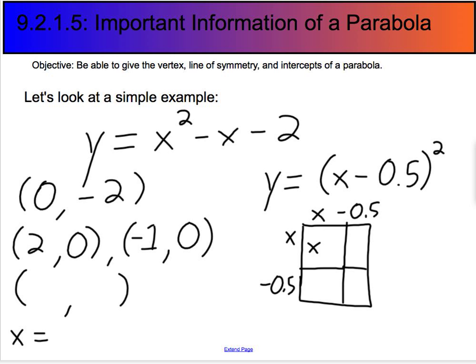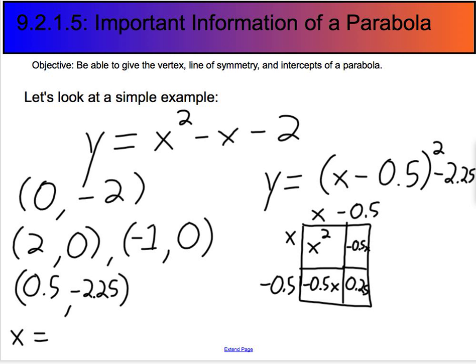So my generic rectangle ends up being like this, and then this last term is 0.25, which when I look at what I have left, minus 2.25 to have it consistent. And again, I know that I didn't show a lot of my work for this. If you need help with completing the square, go ahead and watch that video. But by completing the square, I can always come up with the coordinates of the vertex, which in this case are 0.5 and -2.25.